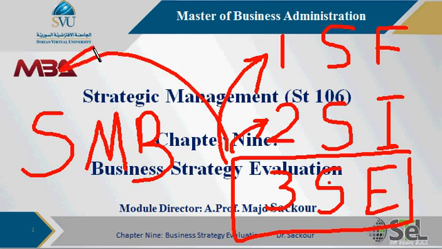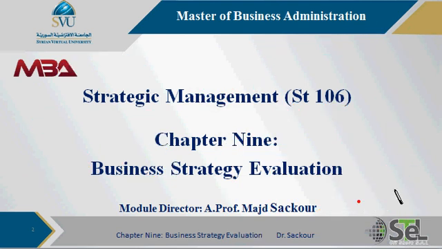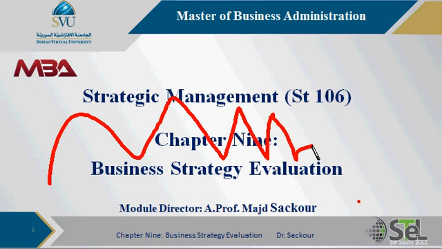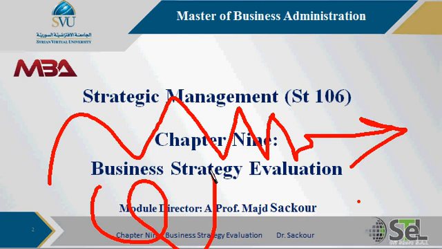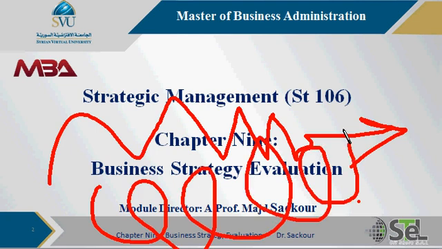Where do we want to become in the future? This is the question now of strategy evaluation. Are we going on the right track and going ahead, or are we looping and we don't know where we are going?